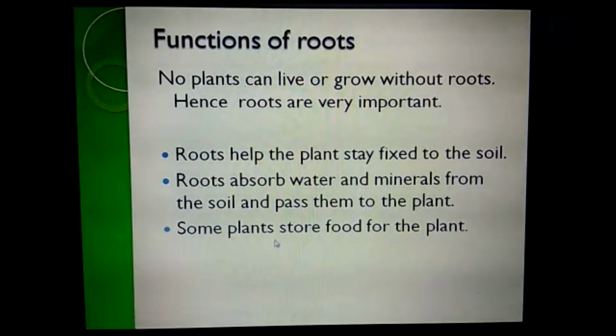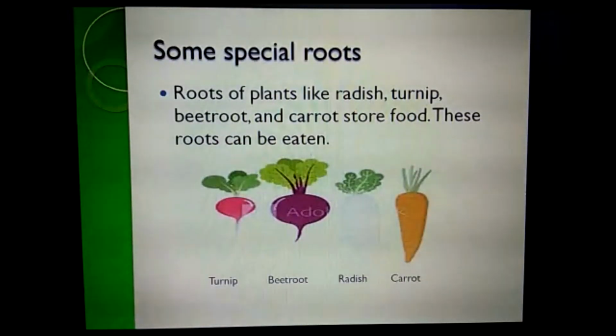And you know that some plants store food for the plant. कुछ plants होते हैं वो store करते हैं food for the plants. These are some special roots which store food. Roots of plants like radish, turnip, beetroot, carrot. These roots store food and we eat these roots.